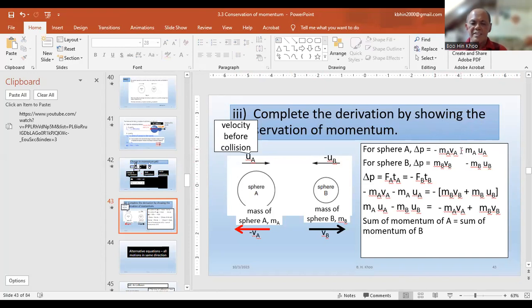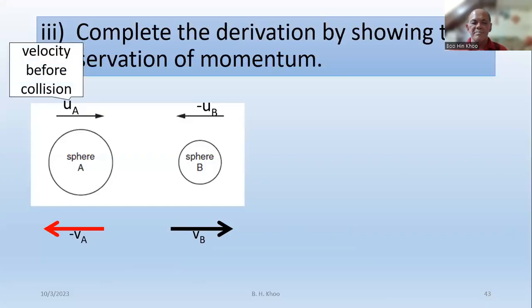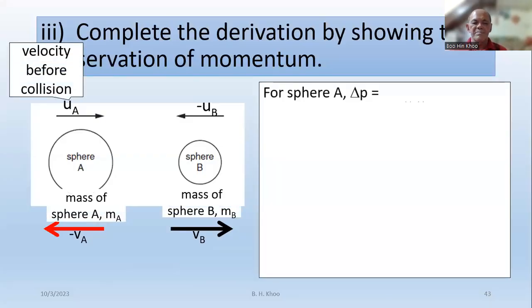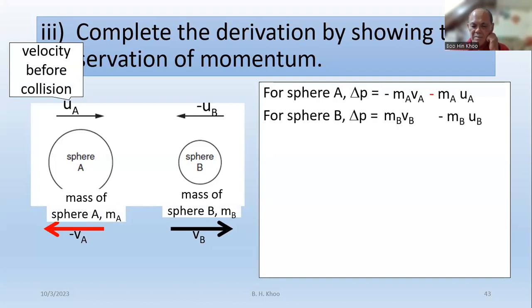This negative is because of our final minus initial. Right? That's the negative sign there. Okay. That's what we are doing. Find the change in momentum. Change in momentum for this one, change in momentum for that one there, and is equal to Fa times time a minus Fb times time b.